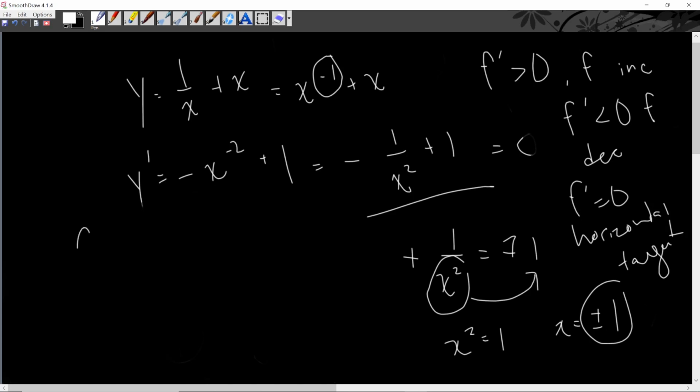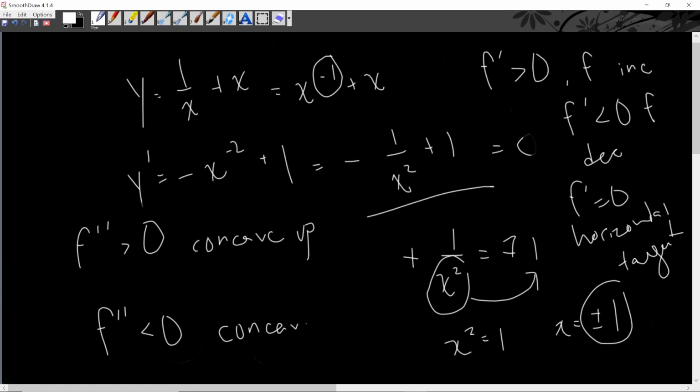Alright, and then when f double prime is greater than 0, we have a concave up. And then when f double prime is less than 0, we have a concave down.